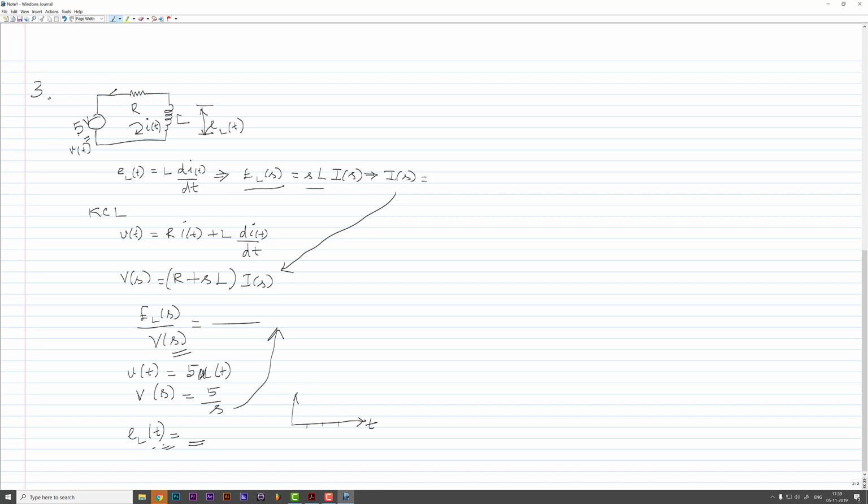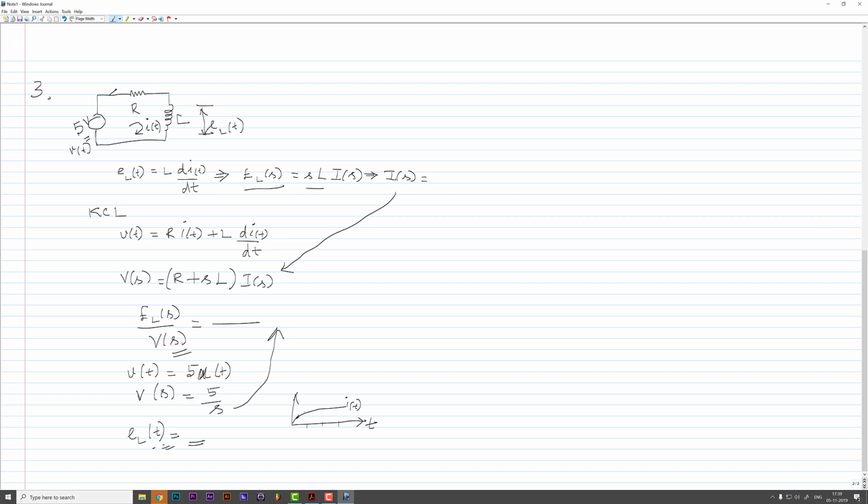Probably the current will be something like this, and you can try plotting this EL of t and put t equal to 1 and you will get the value.